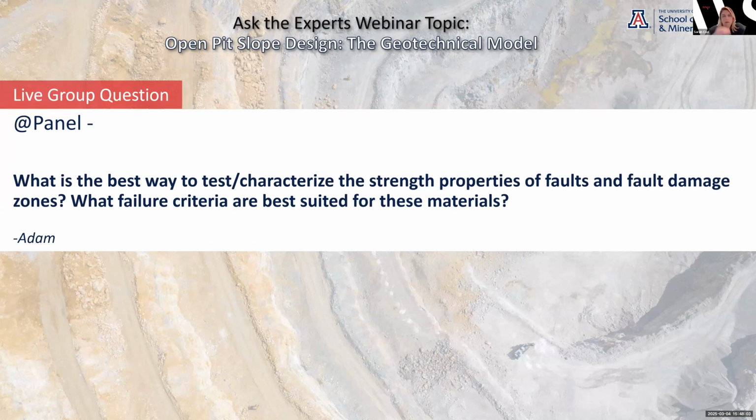Just want to add something real quick to what Andrew was saying. A lot of times when we're trying to characterize a stability controlling fault, we see it in our model, we see it in the core, and it can control the whole stability of a wall.